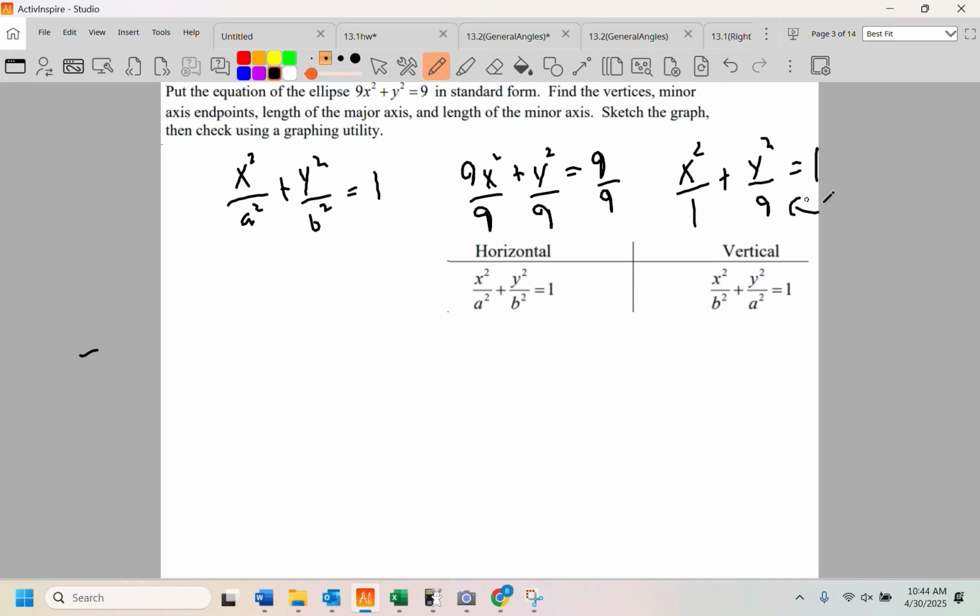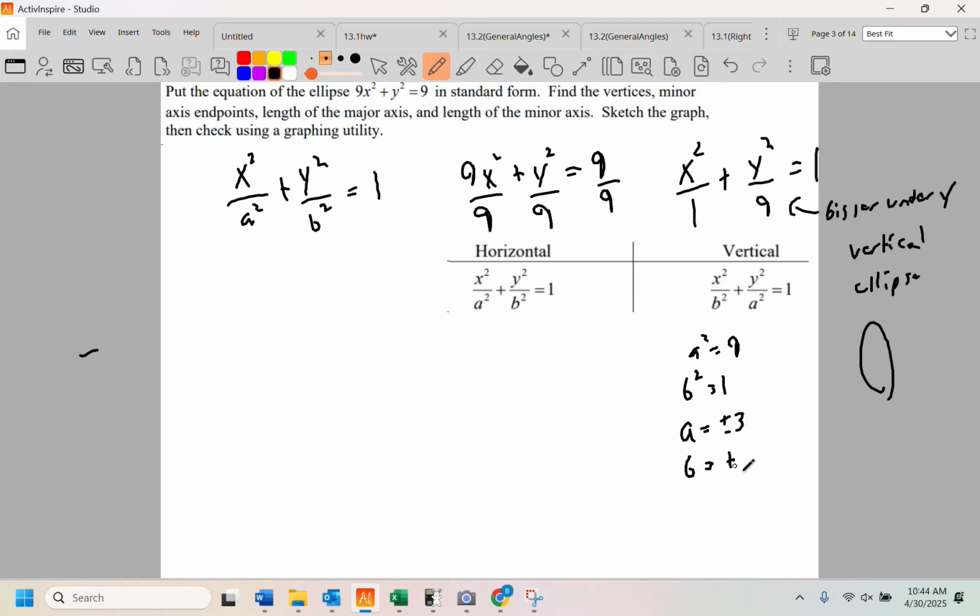This is bigger. It's under y. This is a vertical ellipse. It's going to look something like this. Now, because it's vertical, a squared is 9 and b squared is 1. So a is going to be plus or minus 3, and b is going to be plus or minus 1.